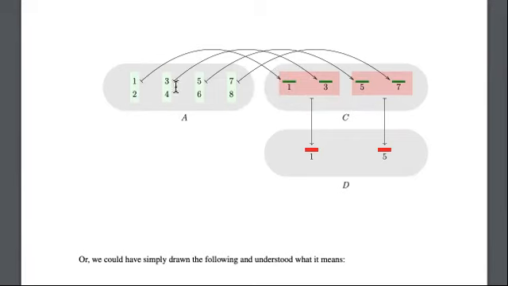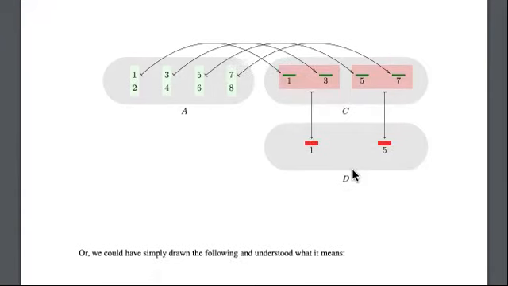They merge together. 3, 4 merges, 5, 6 merges, 7, 8 merges to something. And that's this set here. Then we have another function here that takes 1 and 3 and merges to 1, and 5 and 7 and merges it to 5.